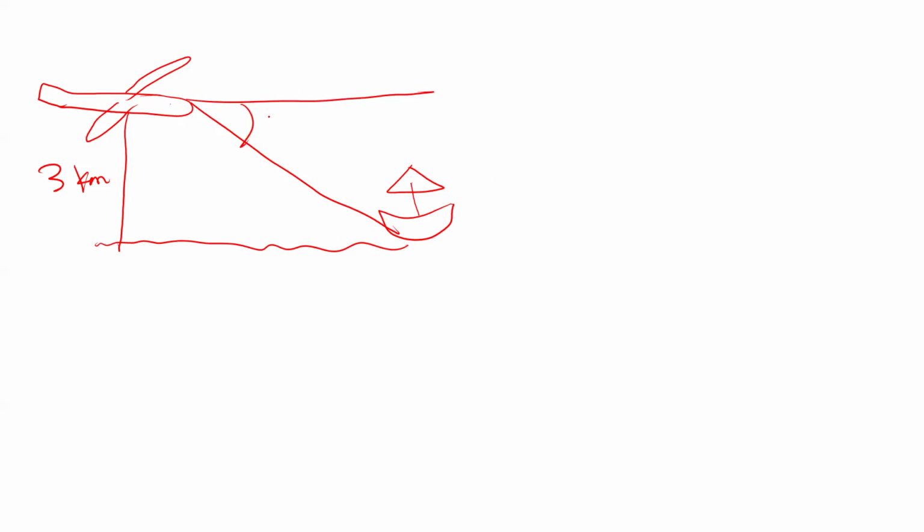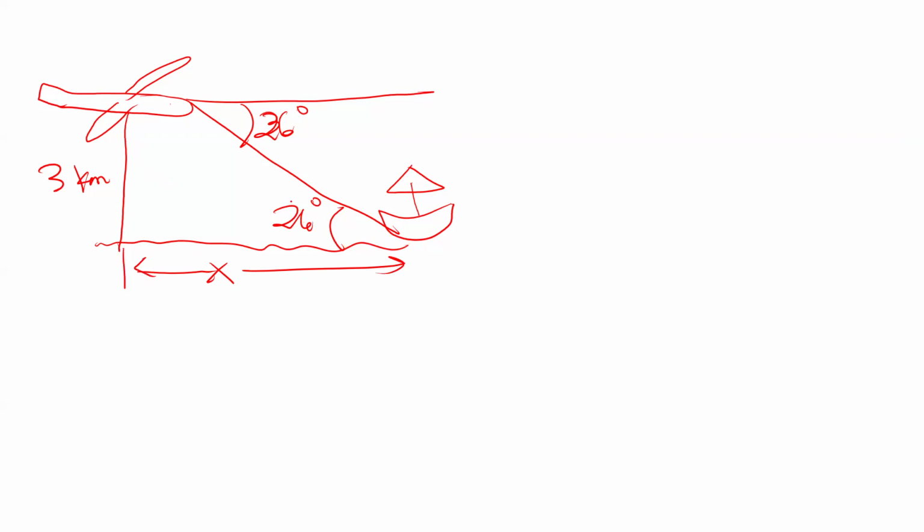The airplane is 3 kilometers above the ground, and the angle of depression with respect to the horizontal of the airplane is 26 degrees. Because these are alternate interior angles, they have equal measures. We are asked to get the value of x, the ground distance from the raft to the airplane.